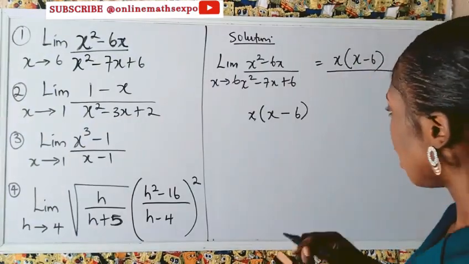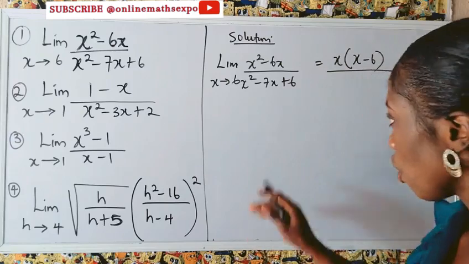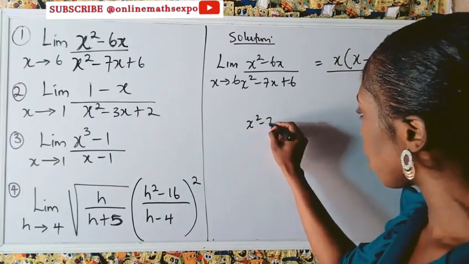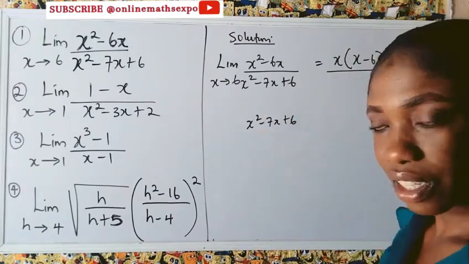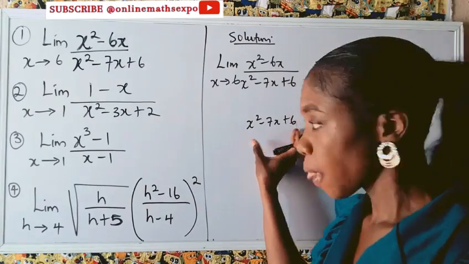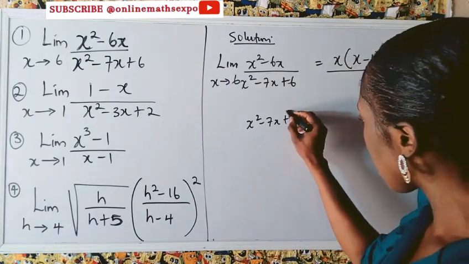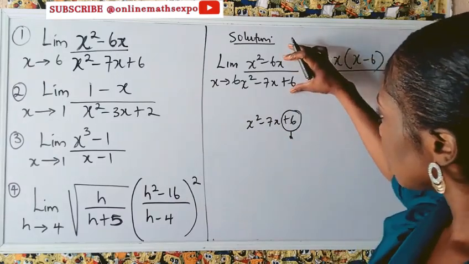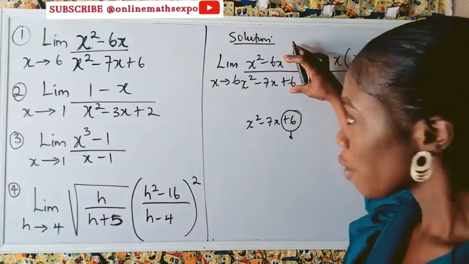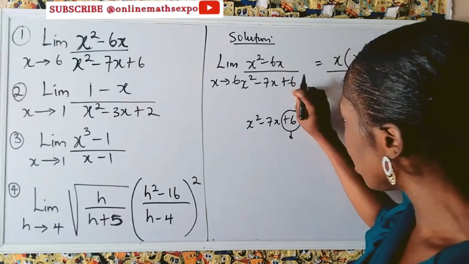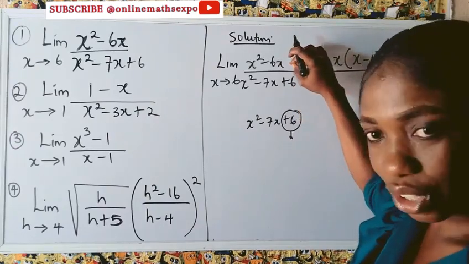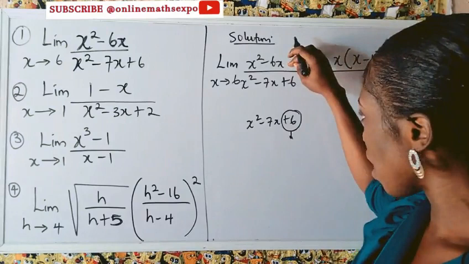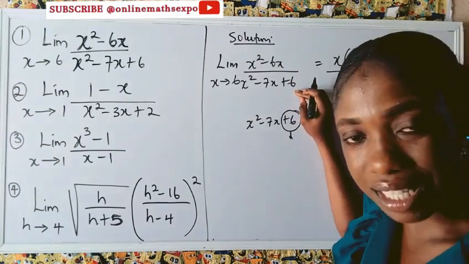All over, let's look at the denominator. What we have there is x squared minus 7x plus 6. So we're going to factor. You will see that these two are quadratic, but the way we are doing this is not the same as the way we factor the numerator, because the numerator does not have a constant term.